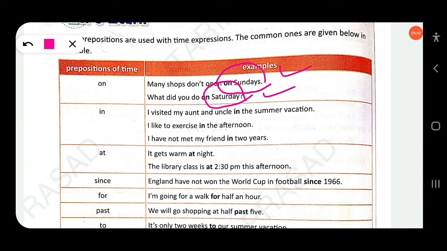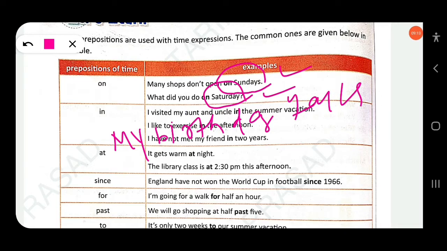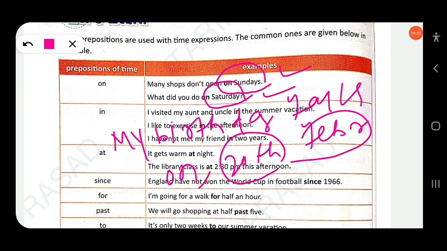Similarly, we also use "on" if a date with month is provided. Take an example: my birthday falls on 20th February. Here a date with the month is provided, that's why we use on.